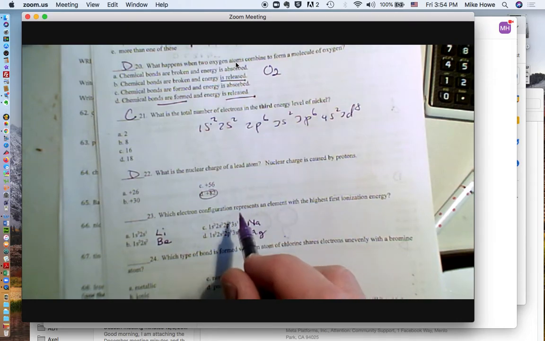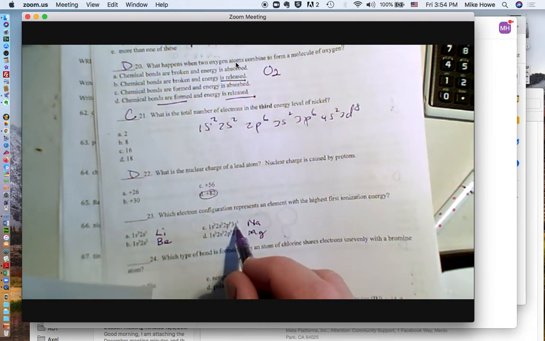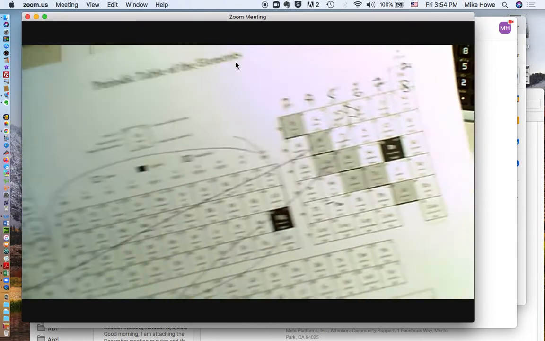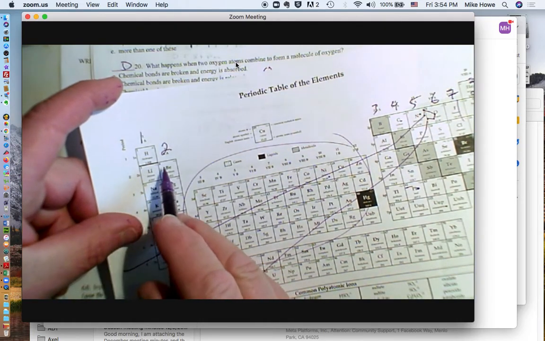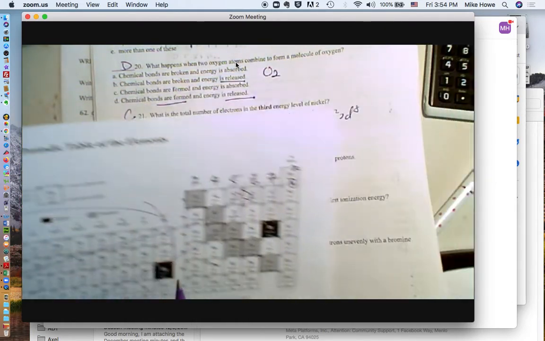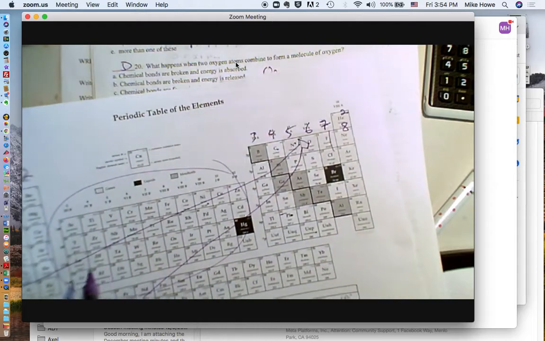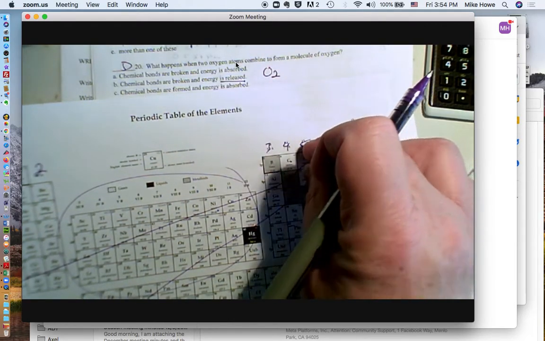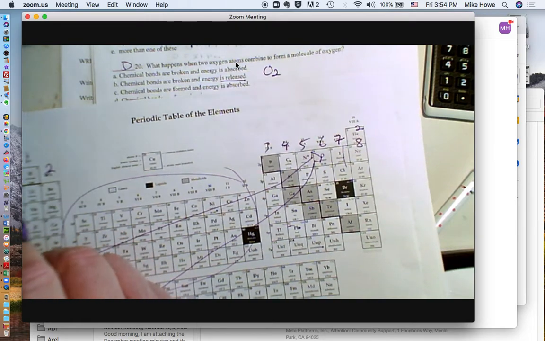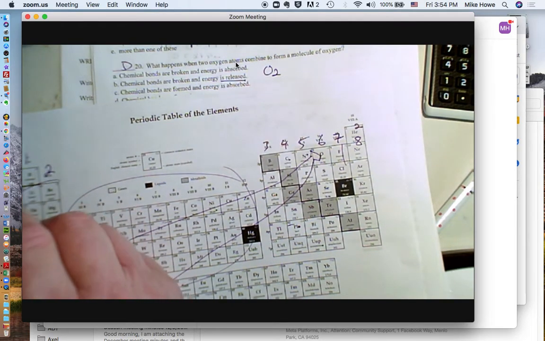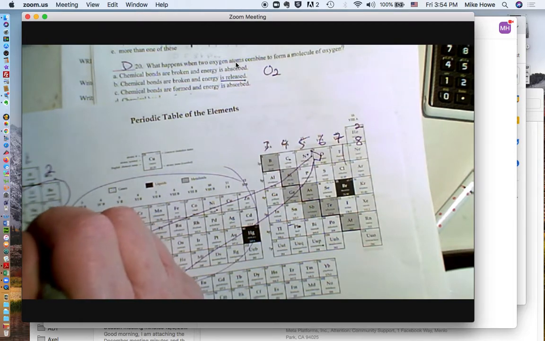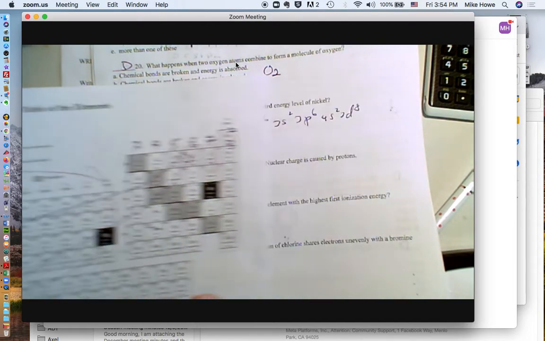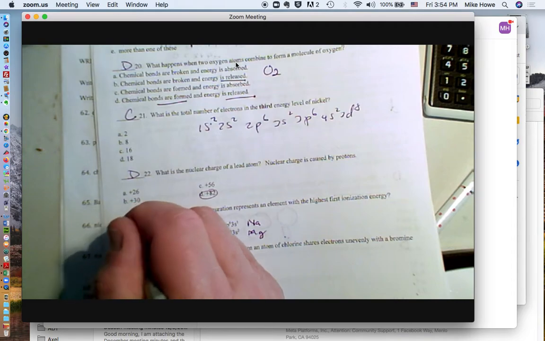You can tell that by just adding up the electrons. 11 electrons, 12 electrons, and so you 11, 12, 3, 4. So which one is going to have the highest ionization energy? Well, as atoms get smaller, ionization energy increases. So as you go to the right, ionization energy increases. As you go up, ionization energy increases. If you're comparing these four elements, the one furthest to the right and furthest up is beryllium. So the answer is B.